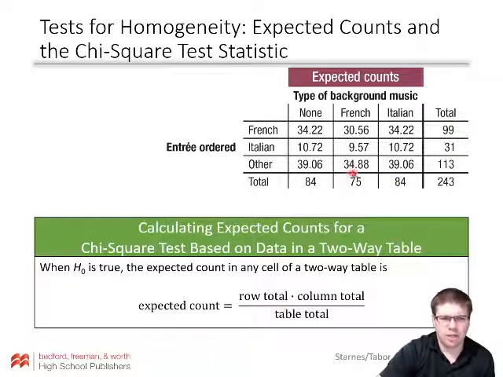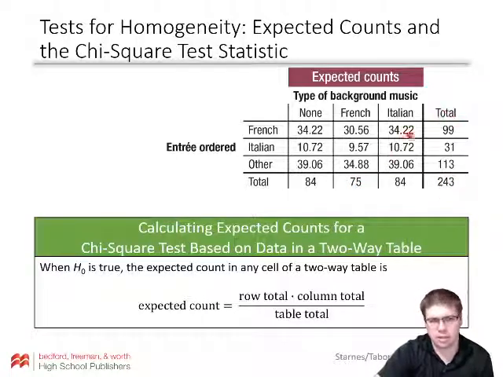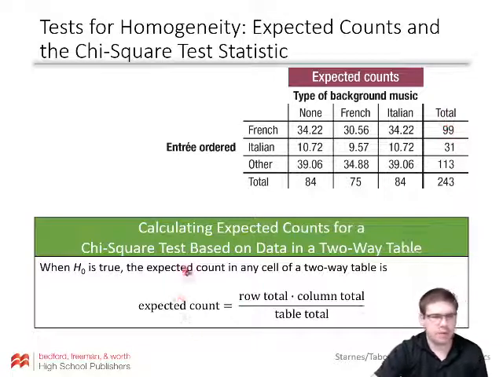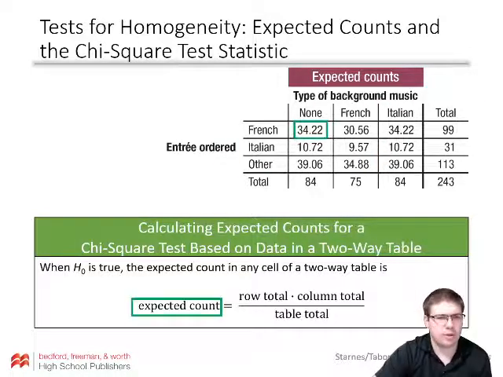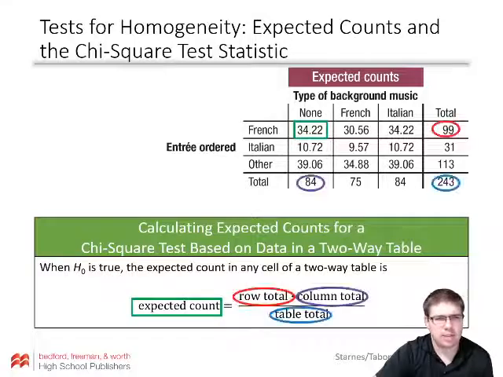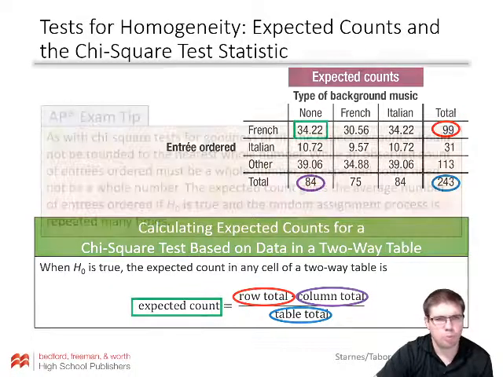You could also do the column total divided by the table total times the row total, and you get those proportions, what proportion we're in this group, and then that's what proportion of 99 we'd expect. Either way, this works out. Row total times column total divided by table total. And so here we've got our expected counts.